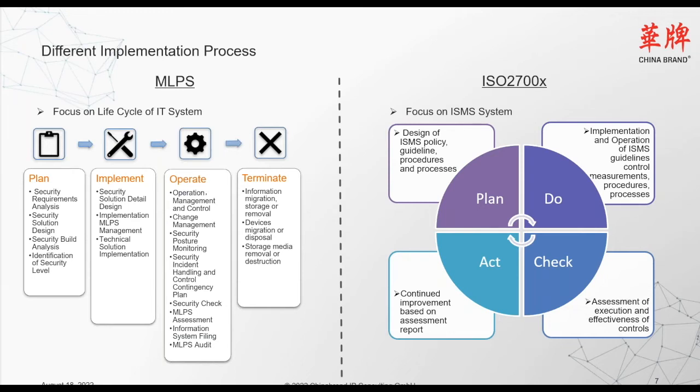For the MLPS, you only need to change the security measures that you have taken when there have been relevant changes to the IT system itself. Like, for example, implementing new hardware or software to it, or when the amount of data that will be processed by the system changes in a relevant way.